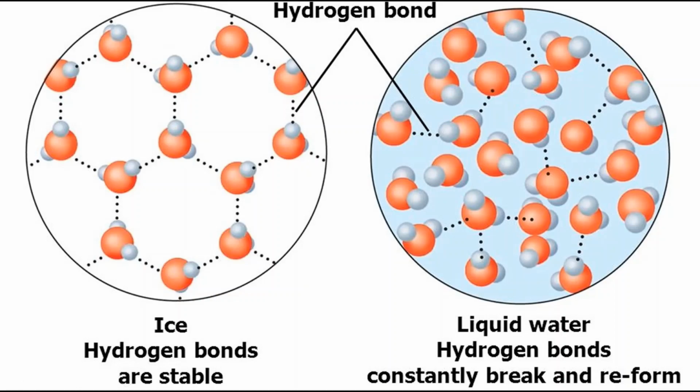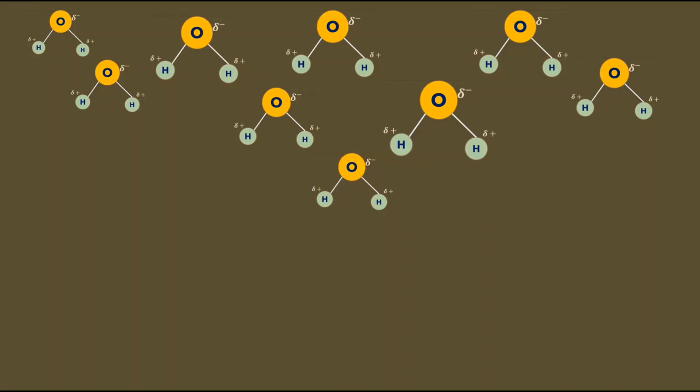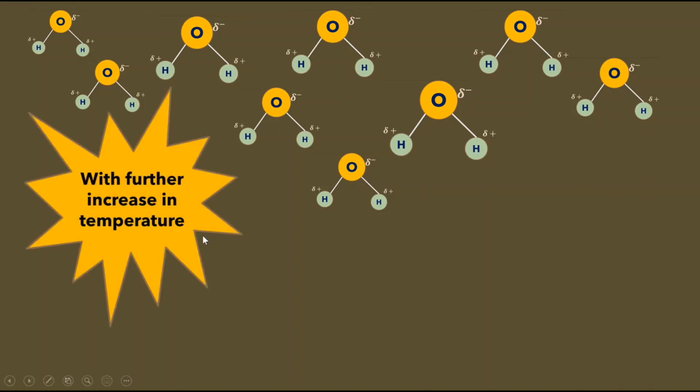Okay, so now if you add more heat or more kinetic energy, what is going to happen? Can you think of that? Because more energy means that we are adding more vibrations, right? So they are completely going to separate from each other.